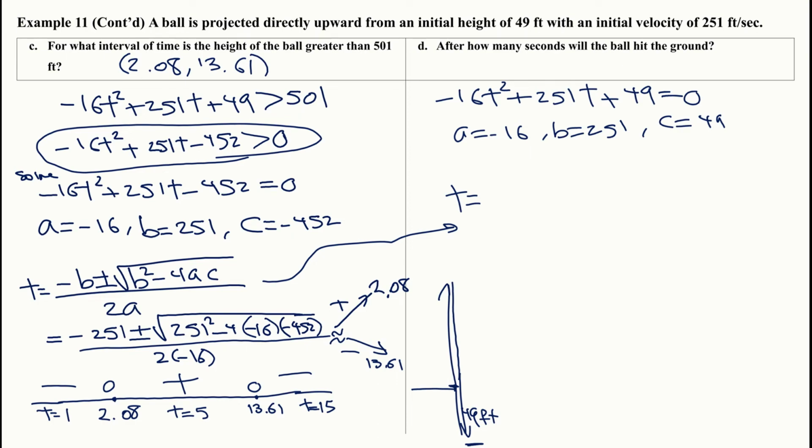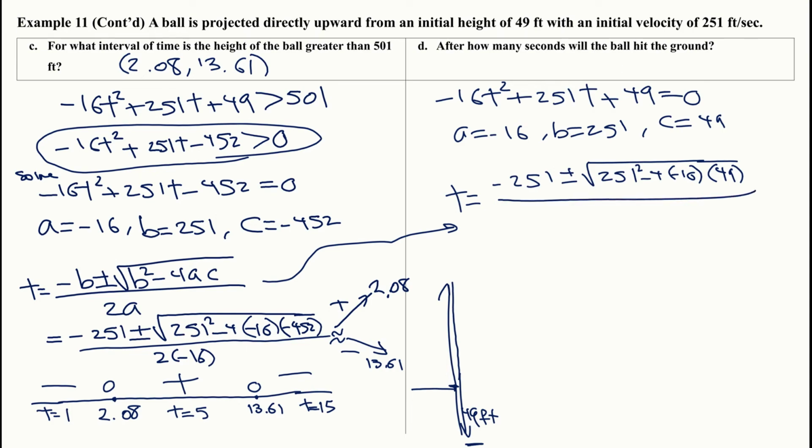So we get t equals negative 251 plus or minus the square root of 251 squared minus 4 times negative 16 times 49, over 2 times a, which is 2 times negative 16. So again, we're just going to type it into the calculator just like we see it.